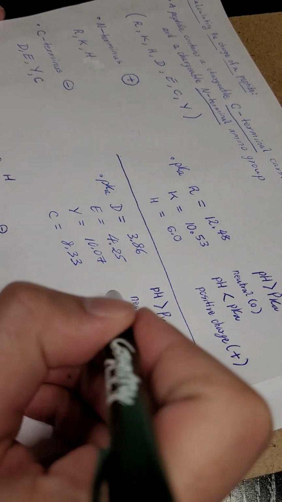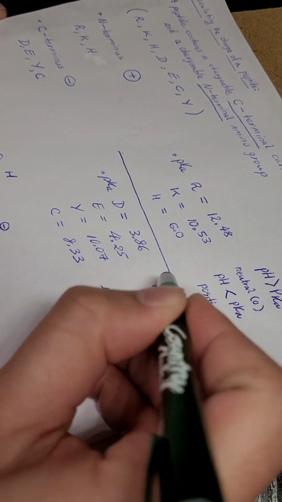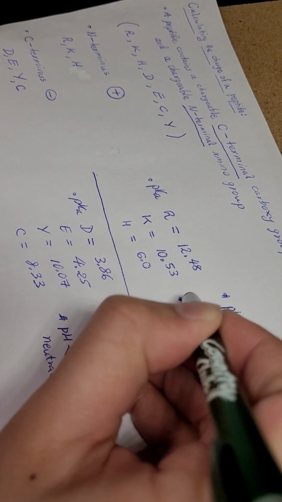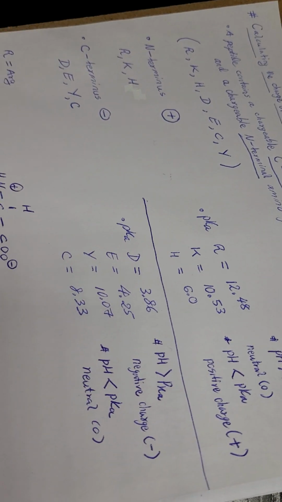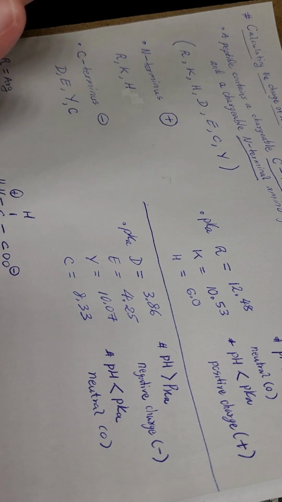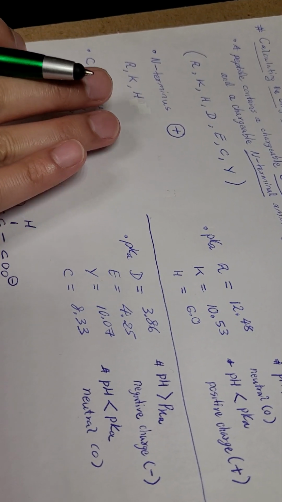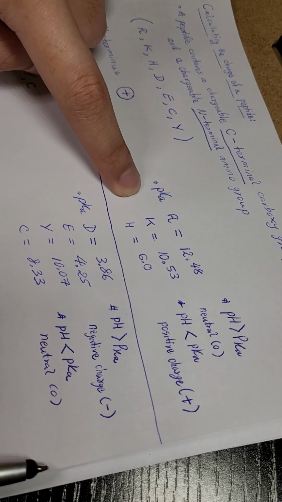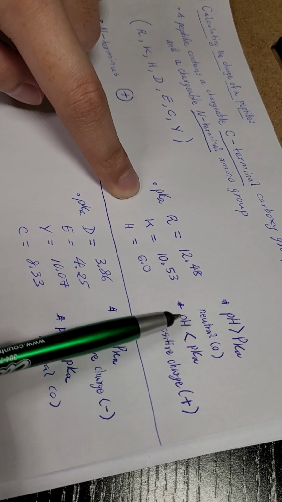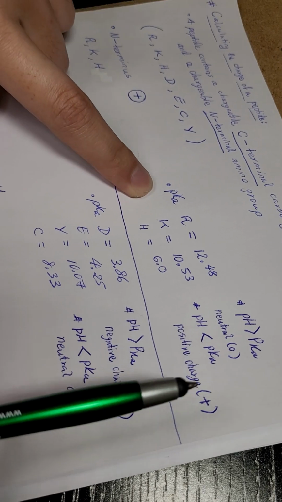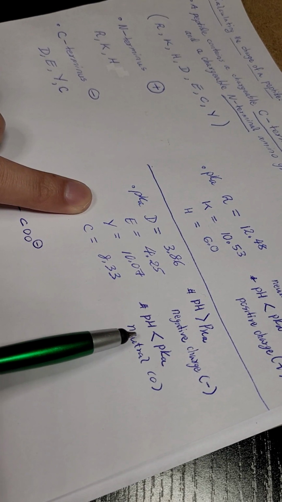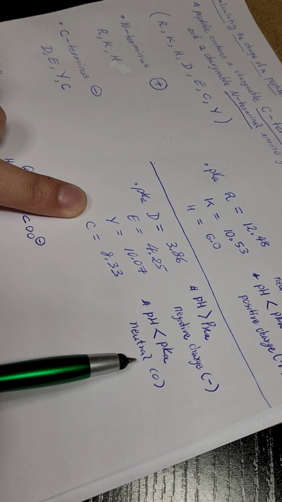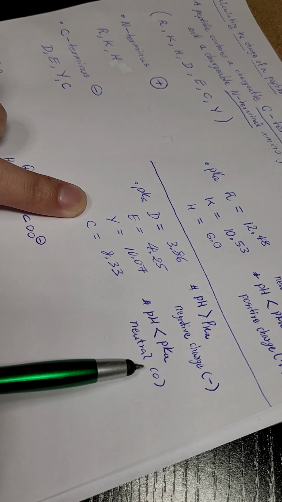Over here you might be a little bit confused, but I will tell you something that can help you understand easily. Remember, for positive charge, R, K, H, it can be positive only when pKa is higher than pH. But for negative charge, when the pKa is higher than pH, it will be zero or no charge.